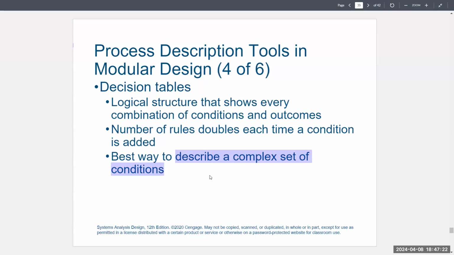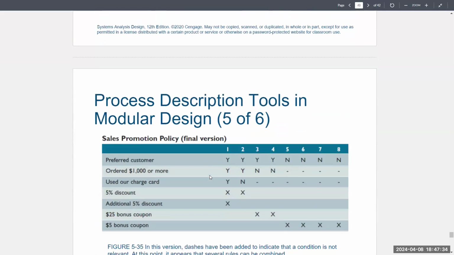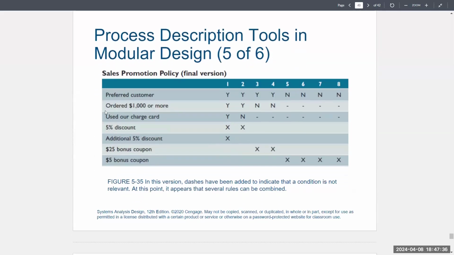So many things are involved in coming up with a premium to create that policy. So that's how you represent these complex sets of conditions. So that's an example, right? We're talking about how these are all the conditions and these are all the outcomes.